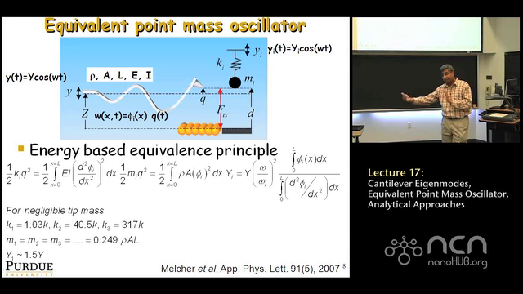You choose to drive it at a second mode, you have a completely different spring constant, completely different Q. At the third mode, completely different K, completely different Q. So really, when you have a particular beam, you don't have one point mass oscillator, you have many with different K and Q values. It's not one tool, therefore, but multiple oscillators. You can choose which one you want to probe your sample with by choosing the frequency at which you're driving it. That's a big, important result to convey to you.